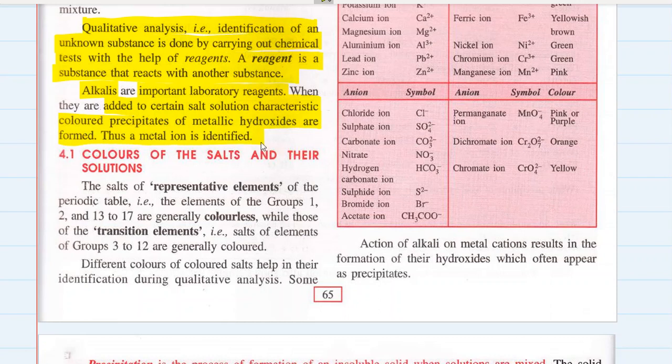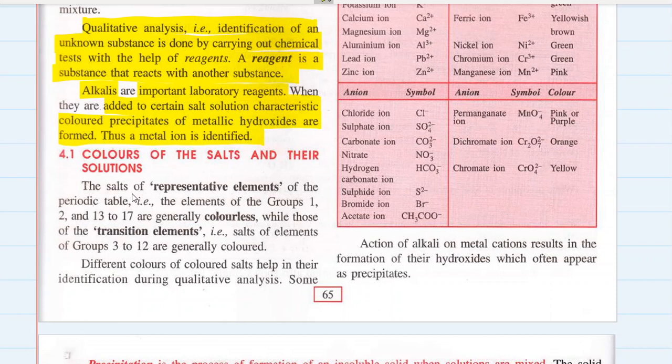and thus a metal ion is identified. So our whole idea is to identify the metal ion present in a given unknown sample of a solution by adding reagents to that given unknown sample of a solution. And when we add reagents, some colored precipitates are formed with the color of which we can identify the metallic ion.